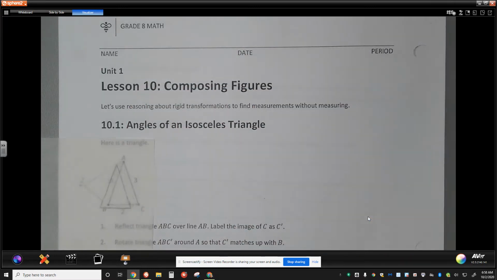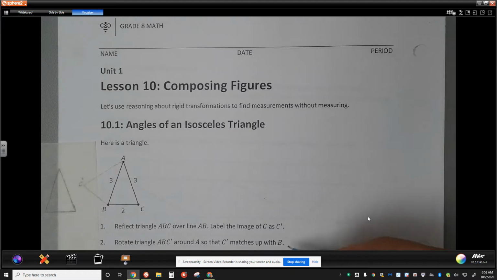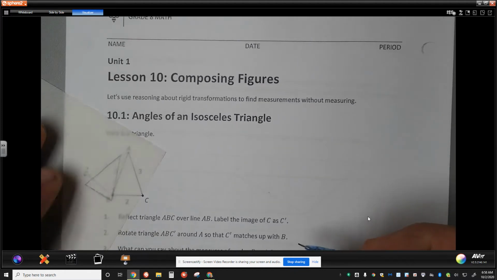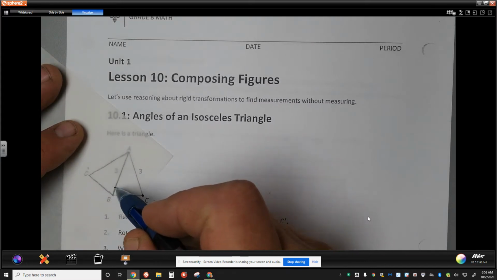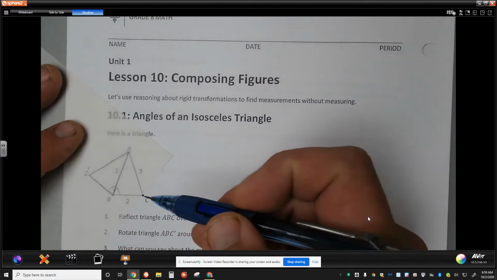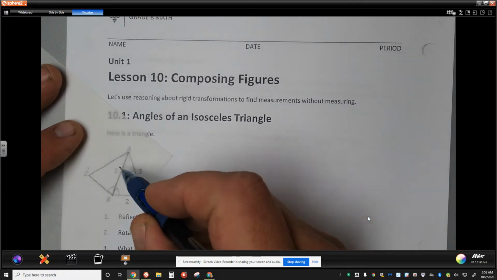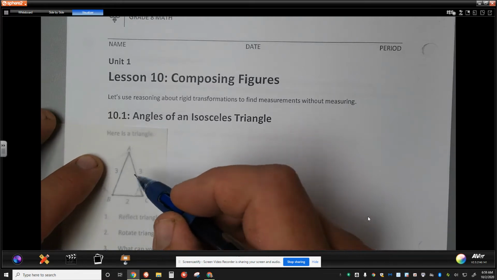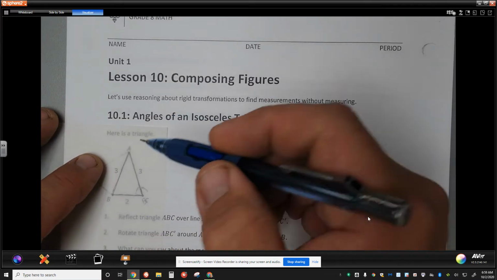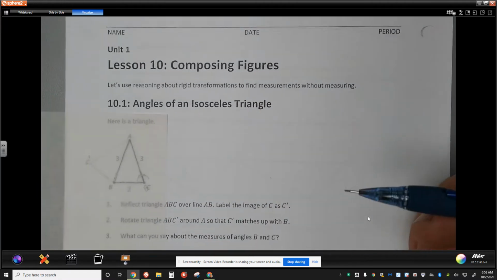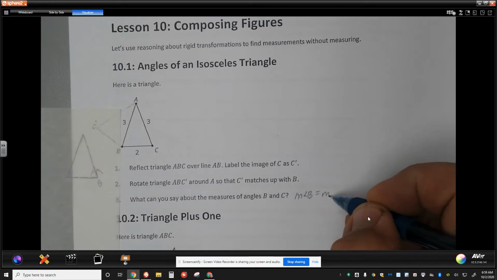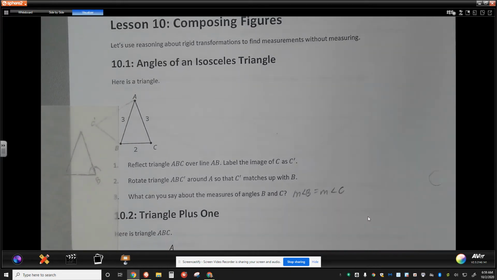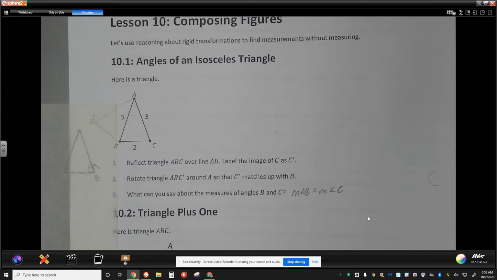So what can you say about the measures of angle B and C? Well, when you consider these pieces, this angle right here is the image of angle B. Therefore, it's the exact same as this angle B. What that means is when I rotate, this angle B is also the exact same measure as angle C. So we can say the measure of angle B is equal to the measure of angle C. And we can say that because of basic rigid motion.